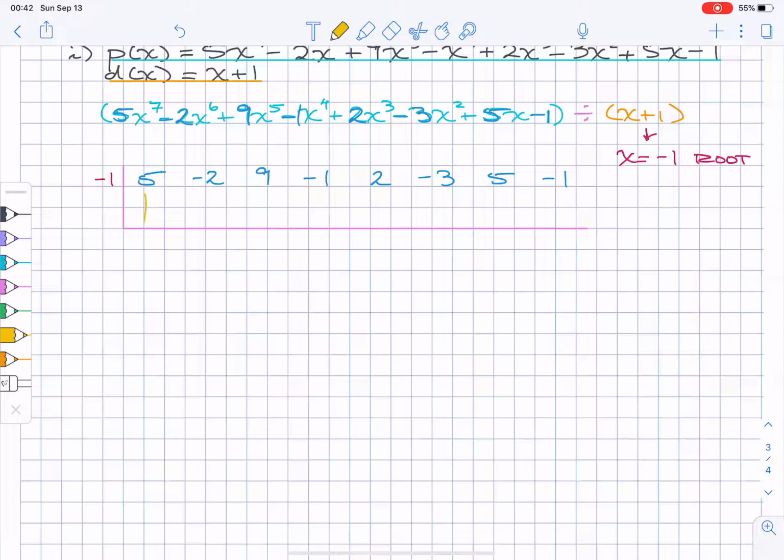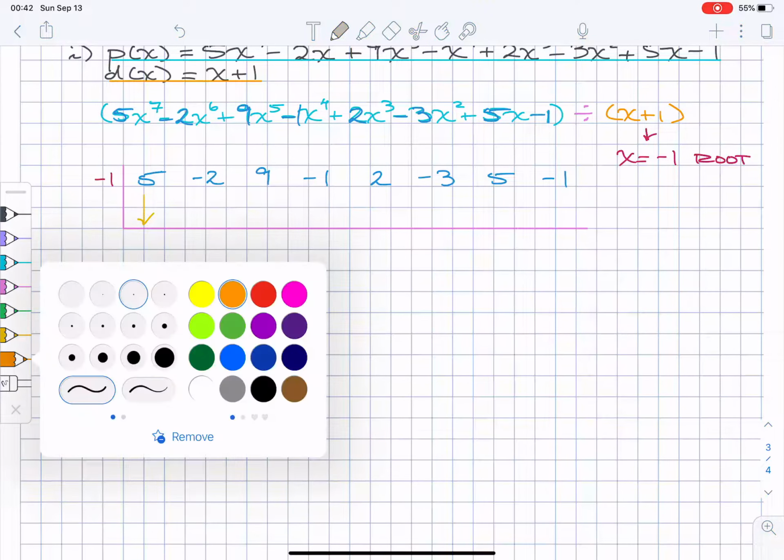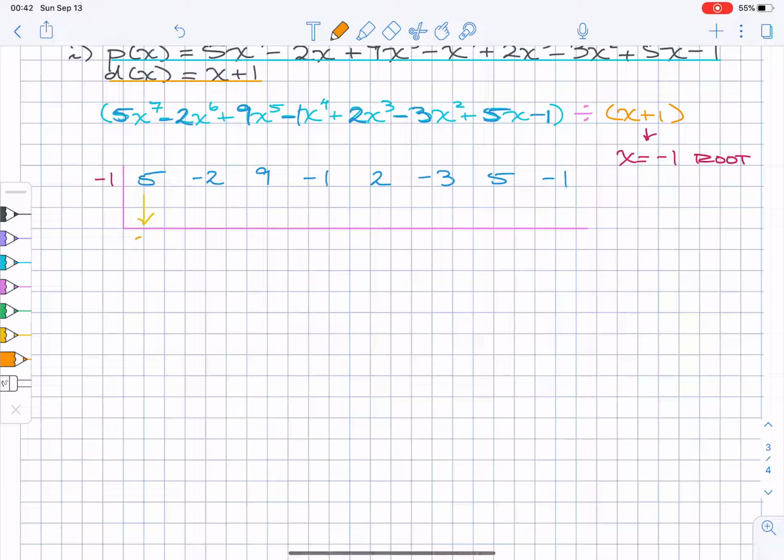You drop down the lead coefficient here, so let's call this 5. And then we multiply what we drop down by this negative 1. So 5 times negative 1 is going to be negative 5. Then we take this column and add it together.